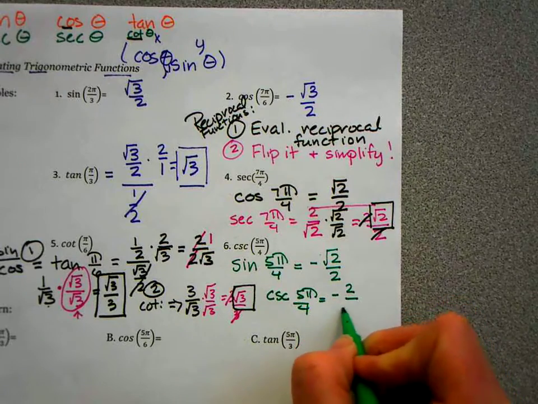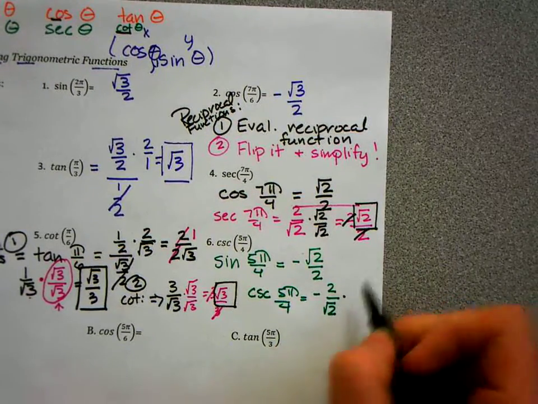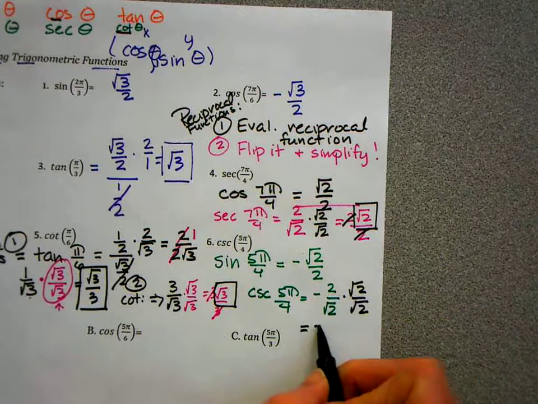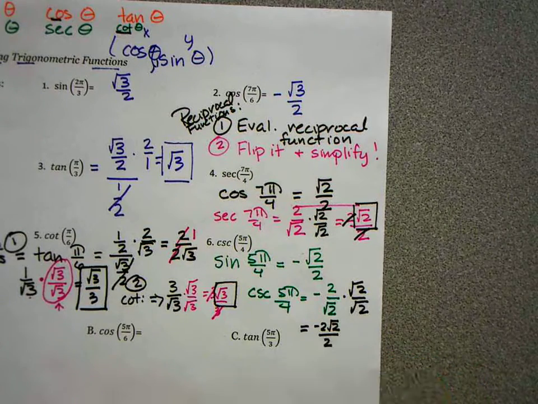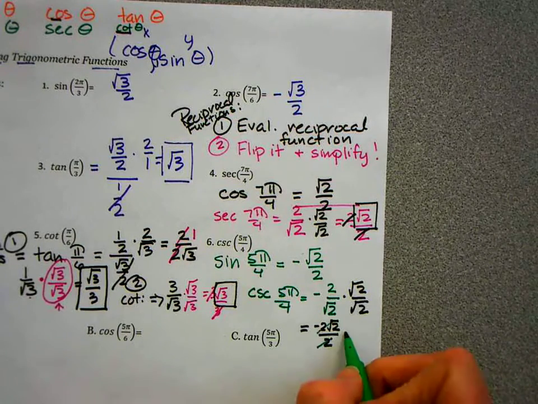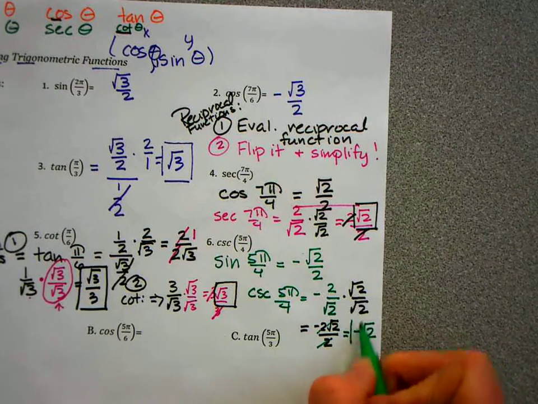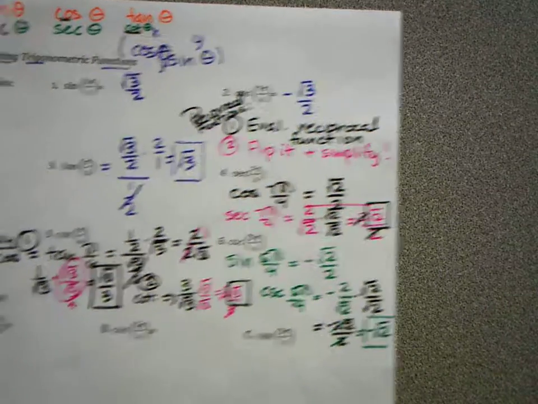So I've got to rationalize: radical 2 over radical 2 equals negative 2 radical 2 over 2 radical 2 times radical 2. And I can simplify 2's out of there and I get negative radical 2. So process, be very careful, all right, these on the bottom are for you to do.